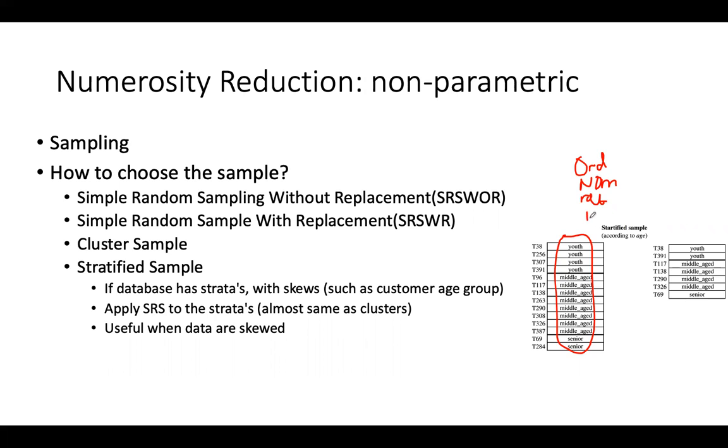Just pause for a second and figure out what type of data this is. If you guessed, there's some order here, so this is ordinal data. You can see here we have a cluster of youth, middle age, senior, and so on and so forth. So how does stratified sampling work?